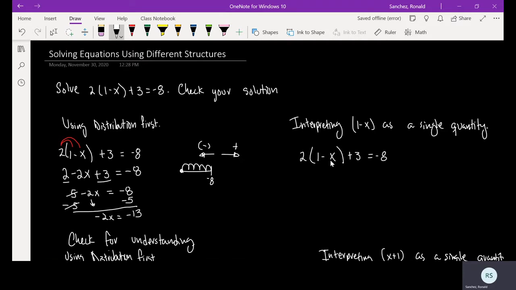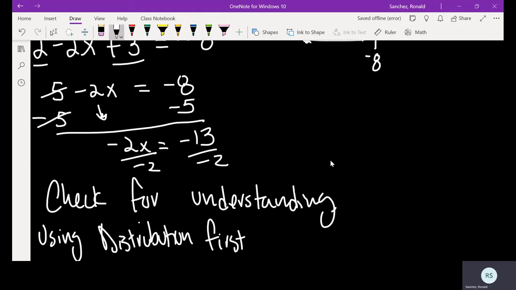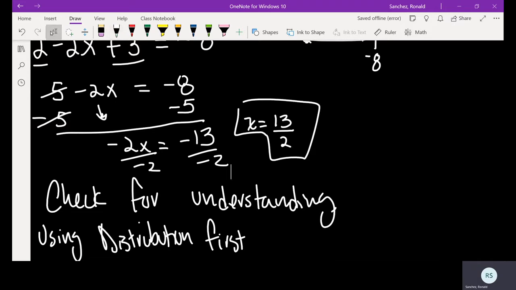So that will be -13. And then I can just divide by -2. We know that a negative divided by a negative gives us a positive. So my answer is going to be positive 13 divided by 2.